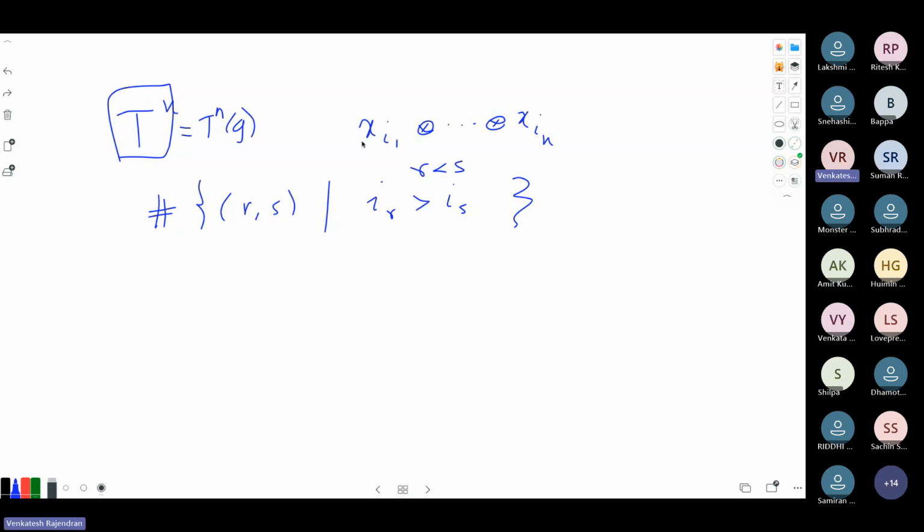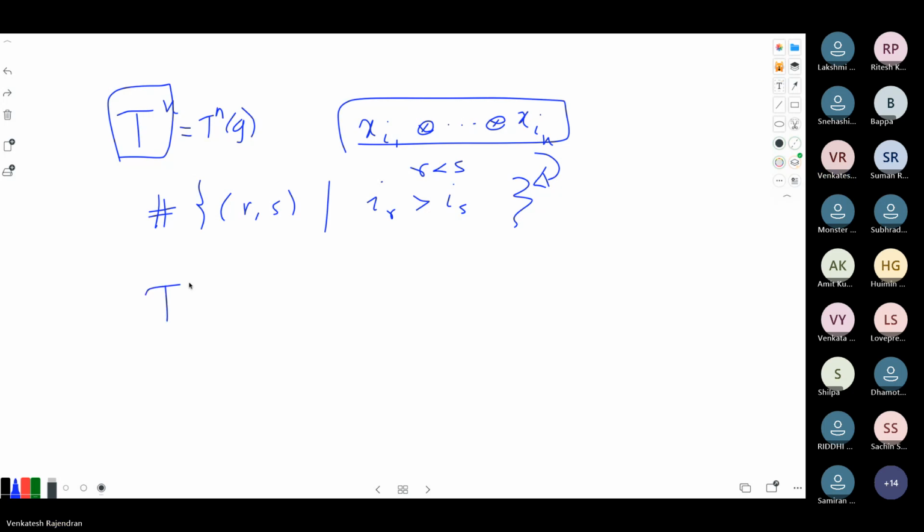So for each monomial, you can associate this number, and we are going to induct on the degree of the monomial as well as this number. Assume that you have defined the map up to degree n-1. Then you want to define it for degree n polynomials, and you want to induct on the number of switches. Let's say you have defined it up to some ith switch.